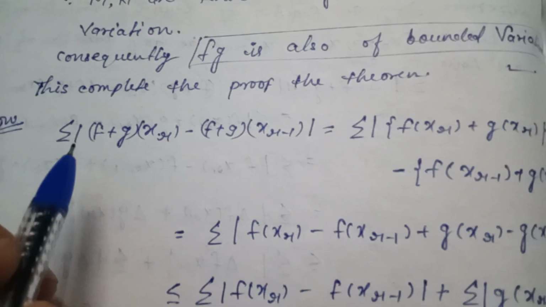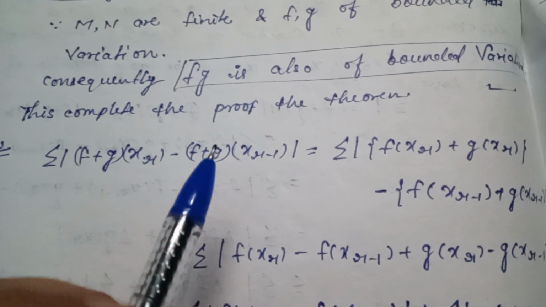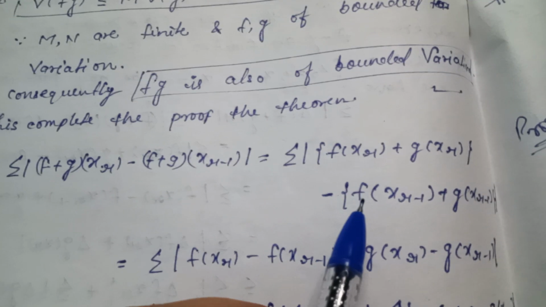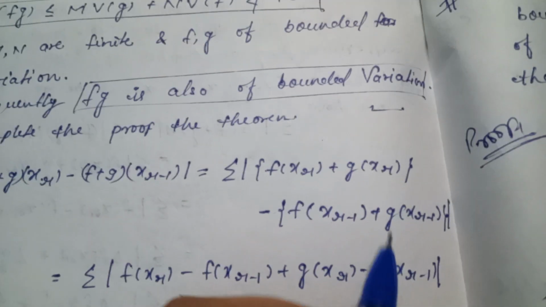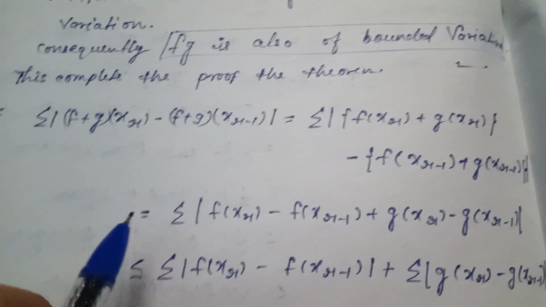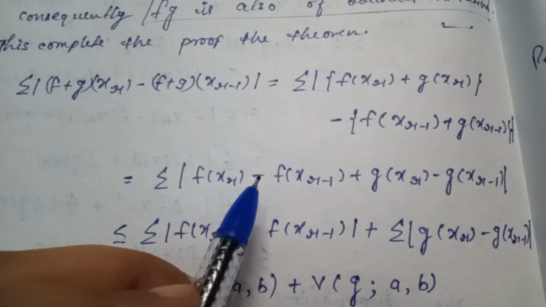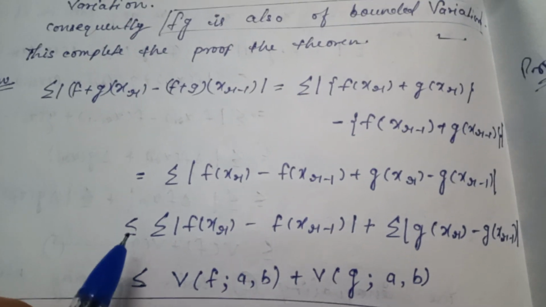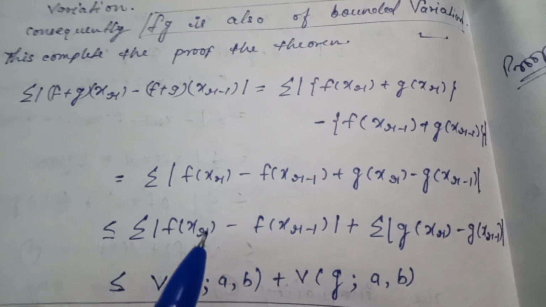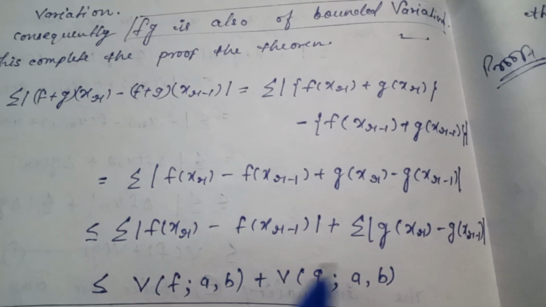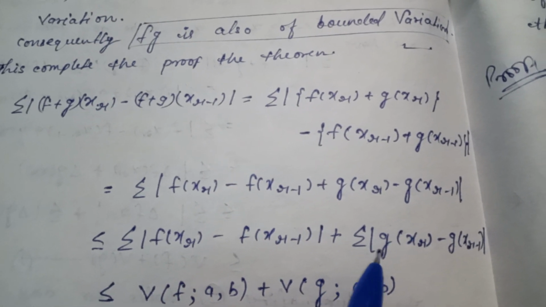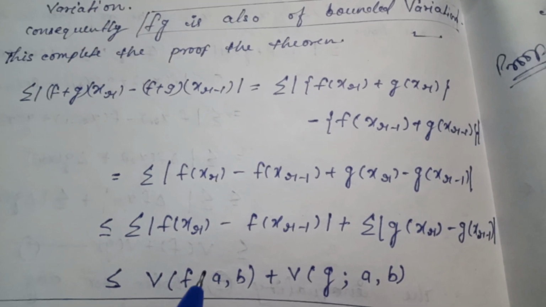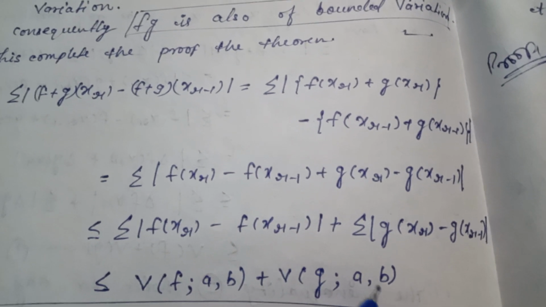Now summation mod (f plus g)(x_r) minus (f plus g)(x_{r-1}) is equal to summation mod f(x_r) plus g(x_r) minus f(x_{r-1}) plus g(x_{r-1}), which is equal to summation mod f(x_r) minus f(x_{r-1}) plus g(x_r) minus g(x_{r-1}), which is less than or equal to summation mod f(x_r) minus f(x_{r-1}) plus summation mod g(x_r) minus g(x_{r-1}), which is less than or equal to Vf(a, b) plus Vg(a, b).